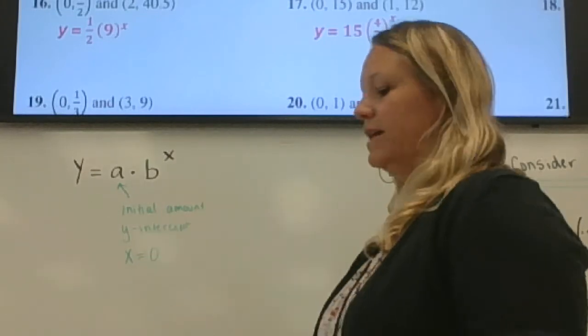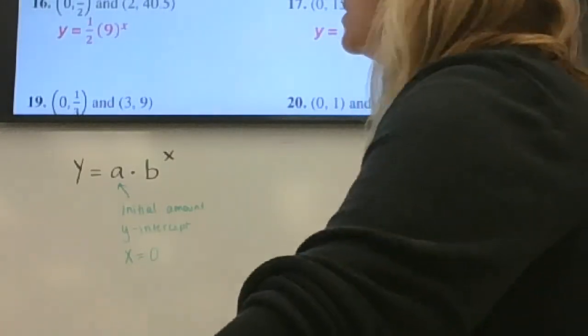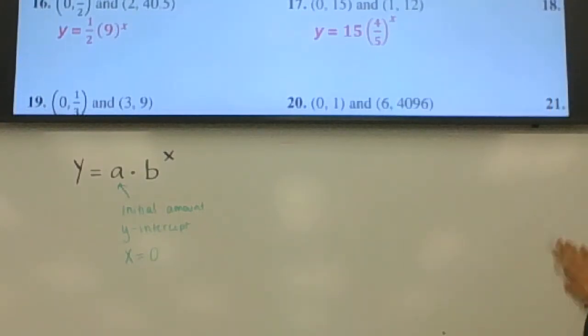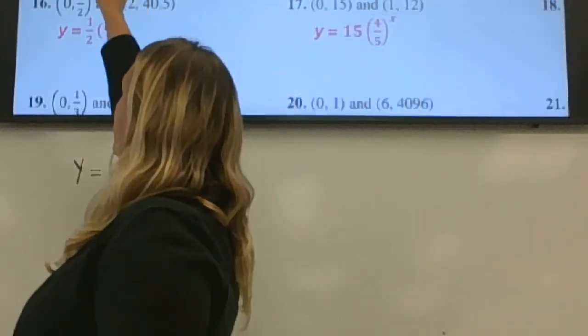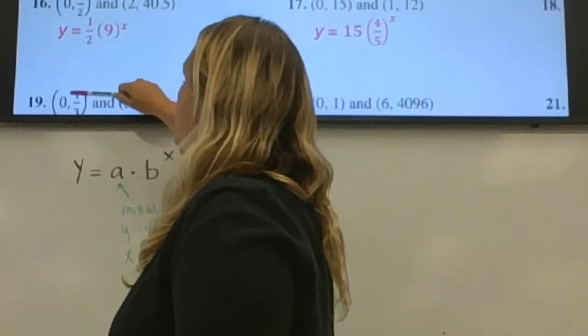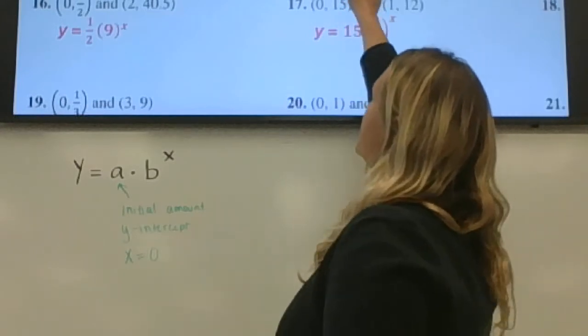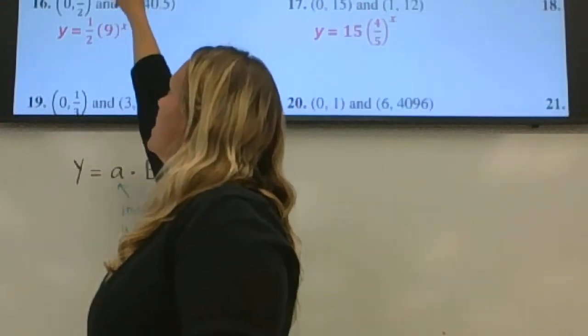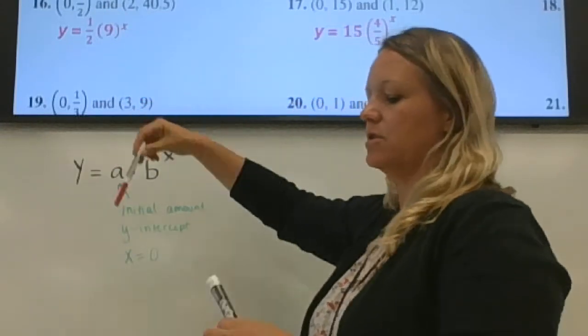And x and y are just ordered pairs like they always are in any problem. If you look at these problems in your workbook, you'll see that they all provide you with the y-intercept. So the 3 is the y-intercept, or the initial amount.